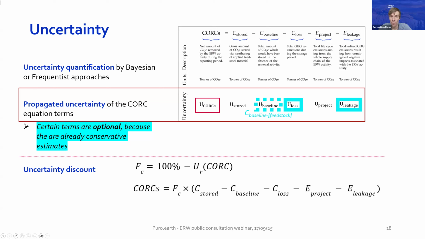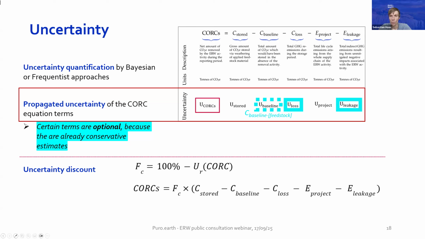And so why do we implement this? What's the motivation behind the uncertainty discount? We think that the nature of ERW quantification is possibly a bit more uncertain than other CDR technologies.